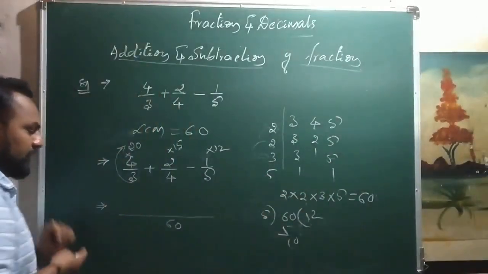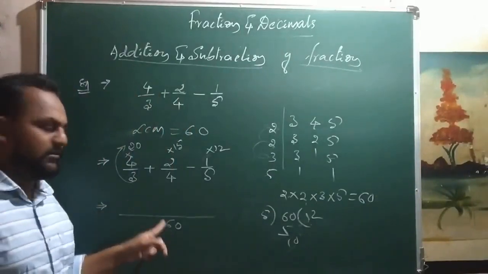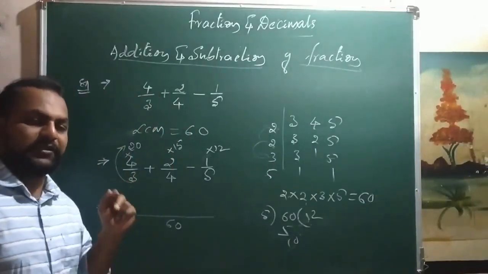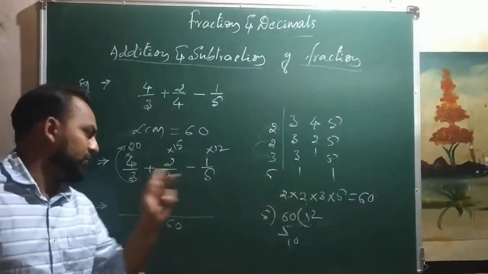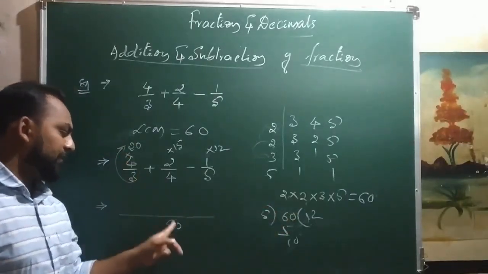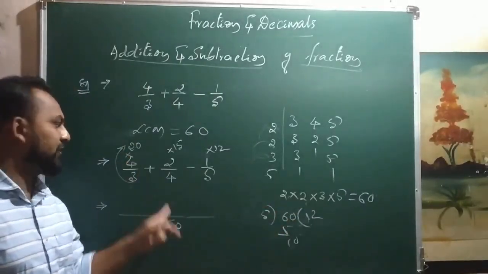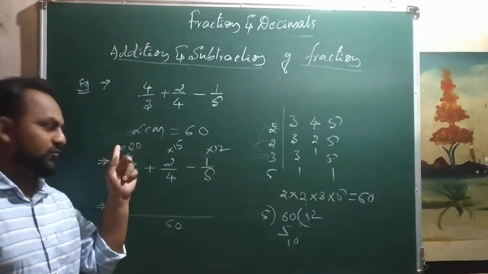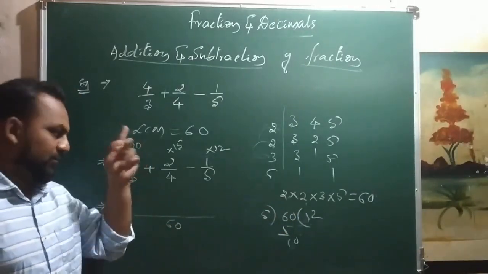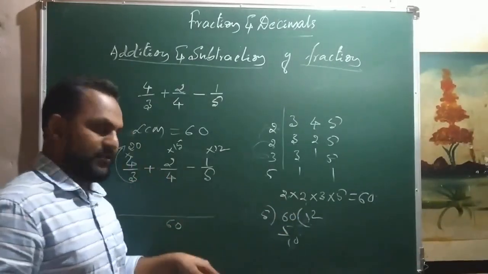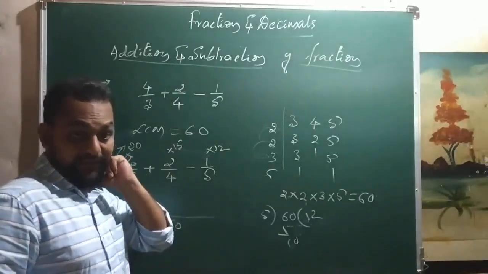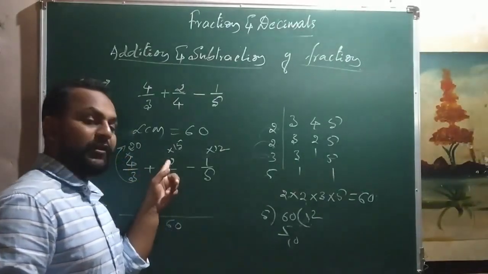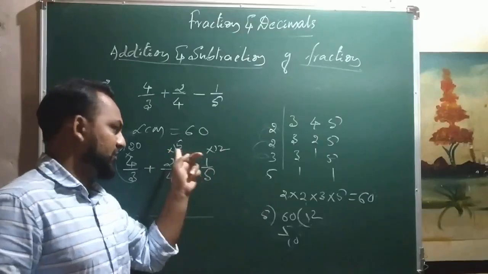Then divide the LCM by the denominators. Here 60 divided by 3 is 20. Then multiply the numerator by 20. Next, 60 divided by 4 is 15. Then multiply the numerator by the quotient 15.